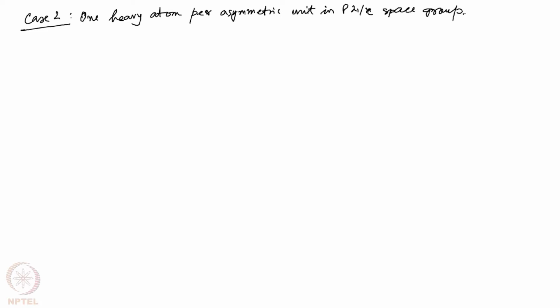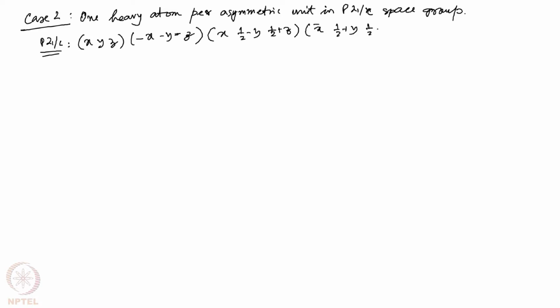In case of P21/c space group, the equivalent points are, as we know, x, y, z; minus x, minus y, minus z; x, half minus y, half plus z; and minus x, half plus y, half minus z.